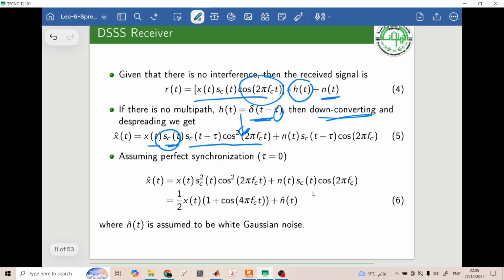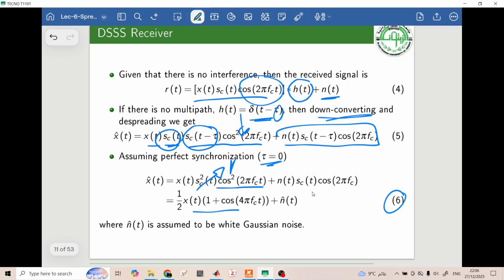This is the de-spreading code, and this is actually the received spreading code. Of course, this is the noise term after de-spreading and demodulation. Assuming that we know tau, so we need perfect synchronization here, what we get is this expression in equation 6. So we use the identity for the cosine squared, and we recall that the spreading code squared is actually 1.